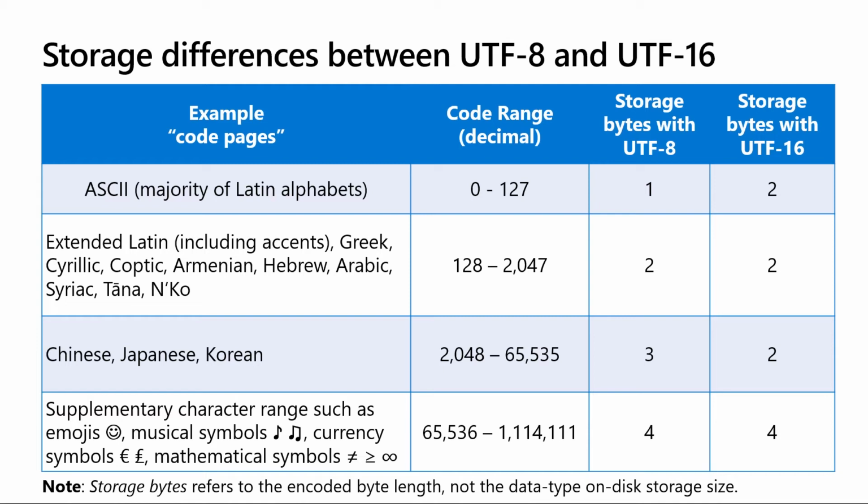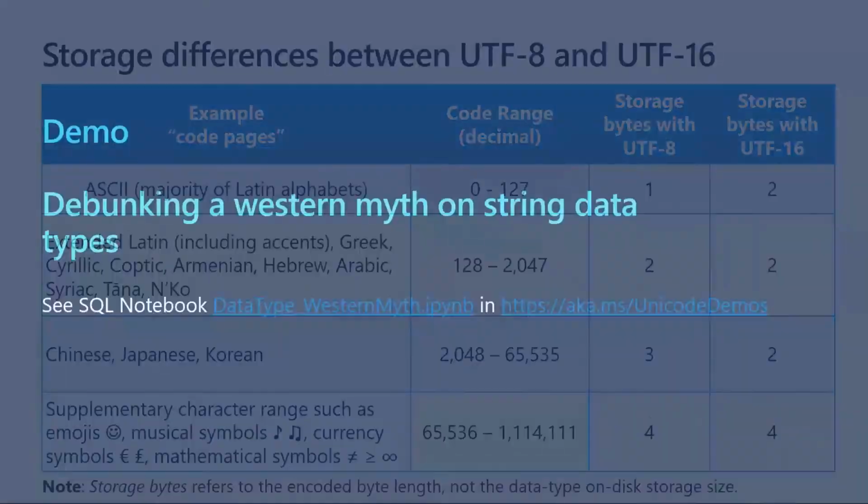If you go to the 3rd line there, Chinese, Japanese, Korean, you see that for that range, the upper range that makes up the BMP range, so the basic multilingual plane, UTF-8 starts using 3 bytes per character, whereas in UTF-16 we will still use 2 bytes per character. That is important for decisions that we need to make later.